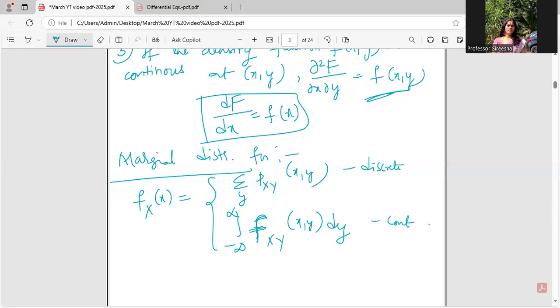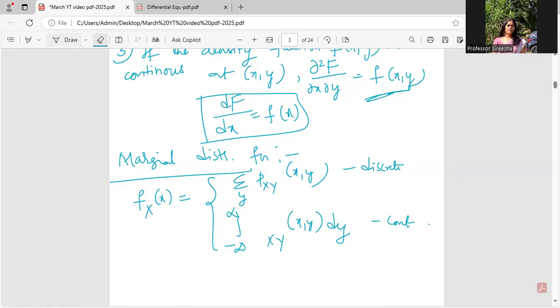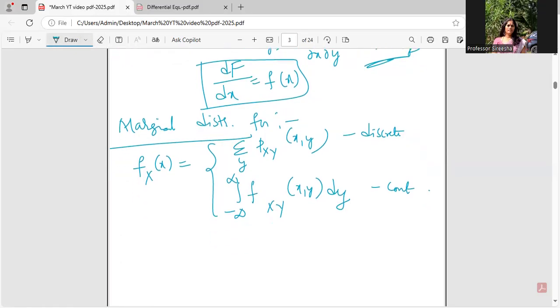Yeah, okay. And then you can see here the clear difference. F is used for the functions which we are integrating. P is used for just the numerical values, the probabilities. Okay. Similarly, I just write the marginal distribution for capital Y as well, where Y is fixed and X is varying. That is shown as well in this notation in the summation.